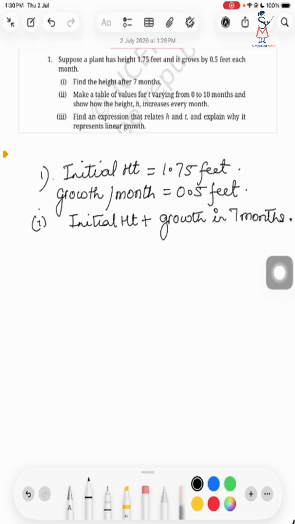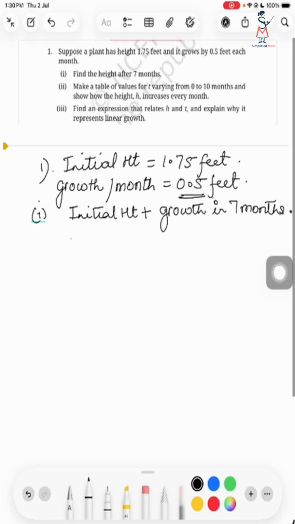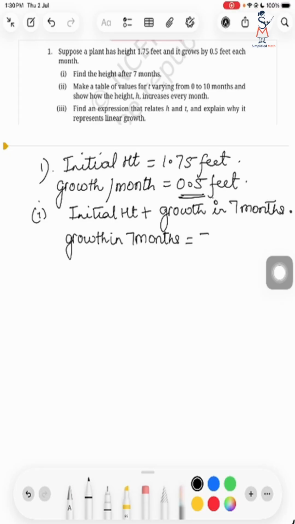Now growth per month is 0.5 feet. So growth in 7 months will be how much? Growth in 7 months will be 7 into 0.5, 0.5, 7 times. That means 7 into 0.5. That will become 3.5 feet. What is 3.5 feet? This is the growth in 7 months.